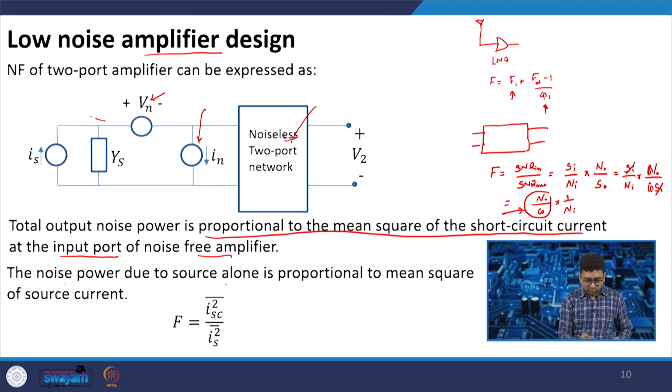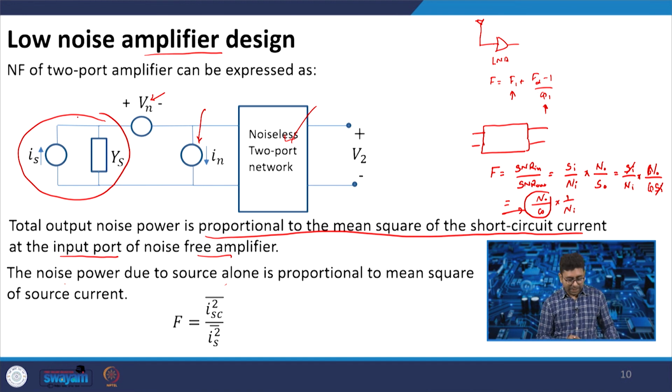The source is represented in terms of the admittance Ys and current Is, and then you can write F, which is Isc square, the total short circuit current, divided by Is square, that is your source noise current Is. We will discuss more about this equation, and how we arrive at the final equation of noise factor, in the next class.